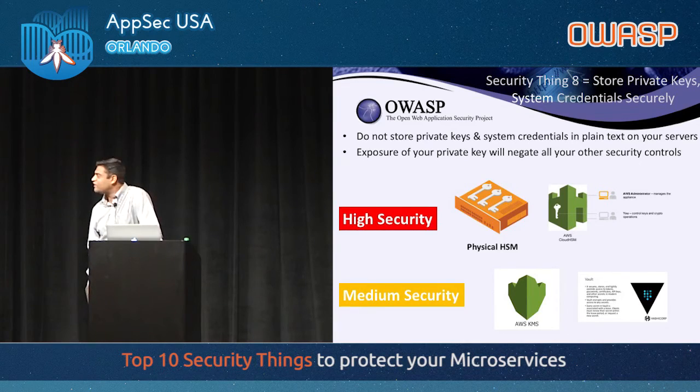But even now, we are storing our private keys, the TLS private keys, in plain text on the servers. And the system credentials to access the database or the servers, I know that a lot of those credentials are stored in plain text. So if an attacker gets into your servers, they will be able to look at all of this in plain text.